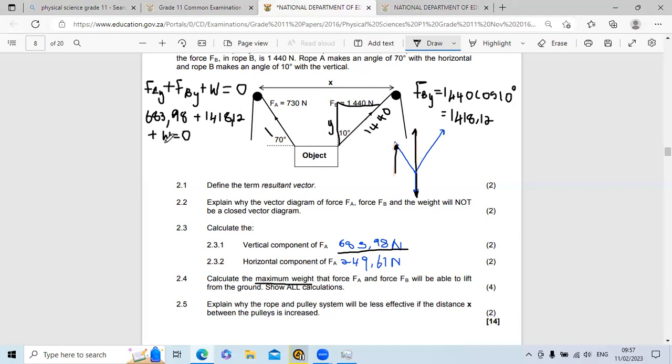You know that you take this weight to the other side and it becomes negative.